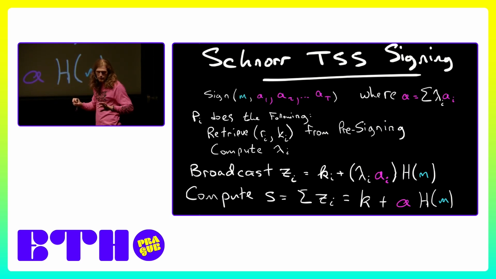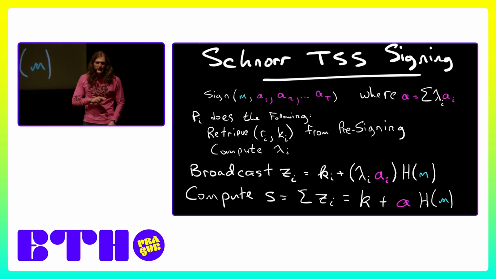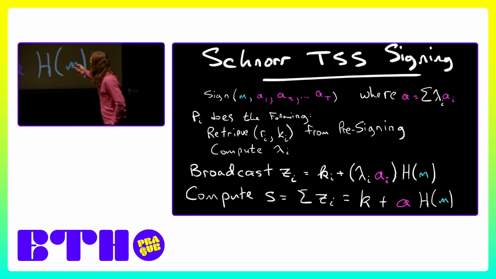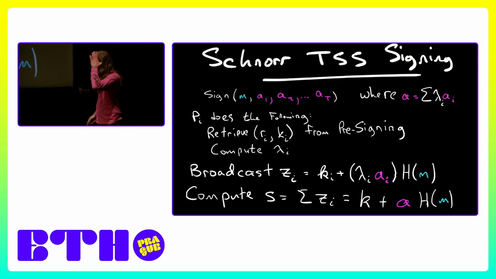They could be any t players out of a group of n. The lambdas there are the adjustments for the fact that they're any t players. And they broadcast z_i, which is the partial of the total signature. And at the very end, the signature is just the sum of all of their partial signatures.